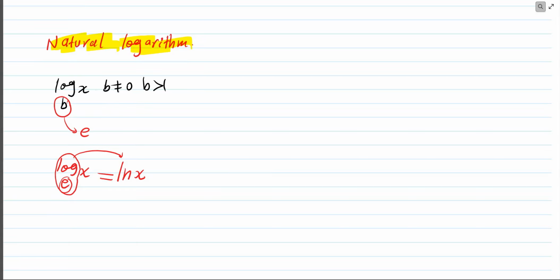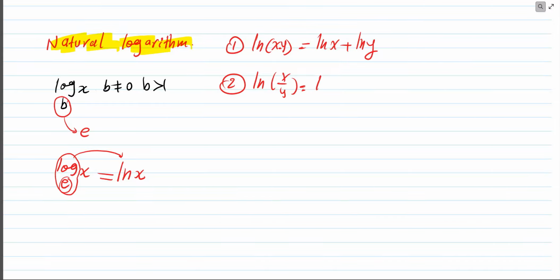And by the way, all properties that we have for log apply for ln, like ln of xy. Since there's multiplication, I can say ln of the first one plus ln of the second one. Also, the second property, the quotient: when I have ln of x over y, it equals ln of x minus ln of y.